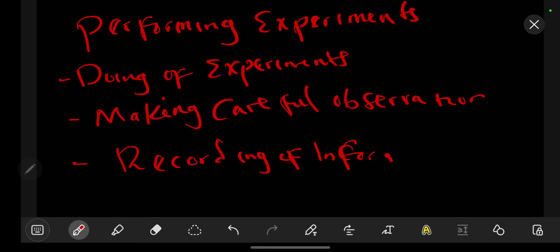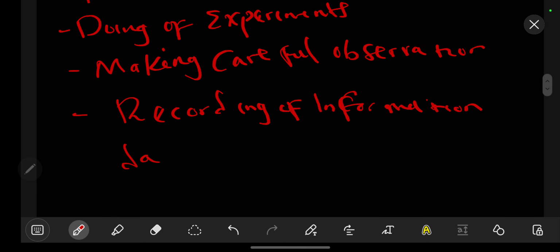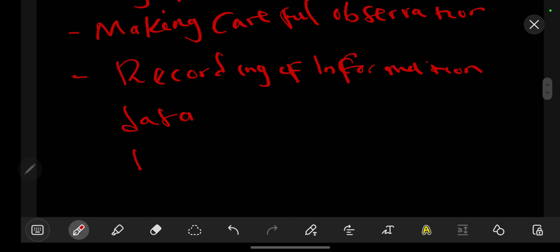It could either be information or data. Now when we look at data, it can either be qualitative or quantitative.